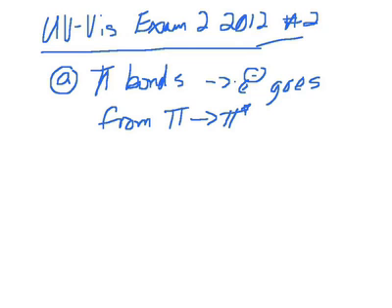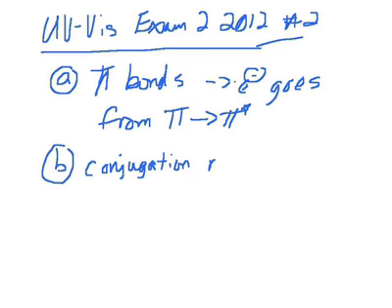What makes that transition take less energy? Conjugation does. It can still occur with just one pi bond.